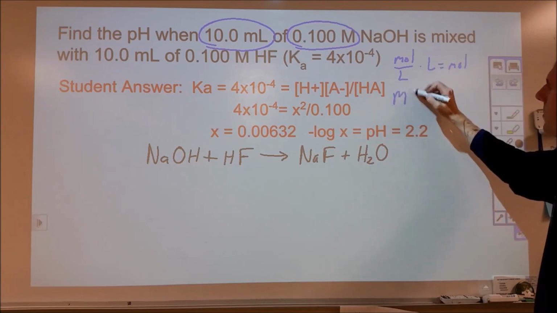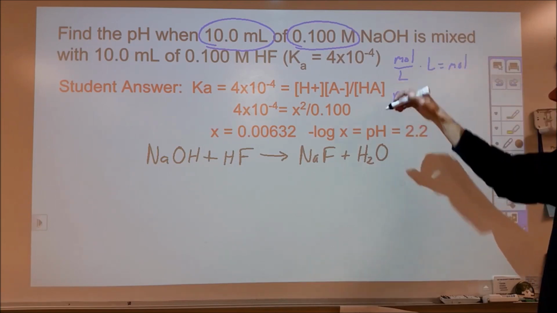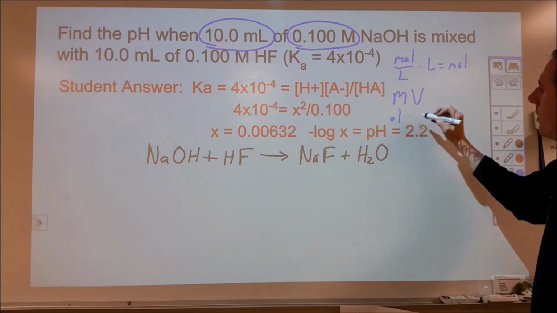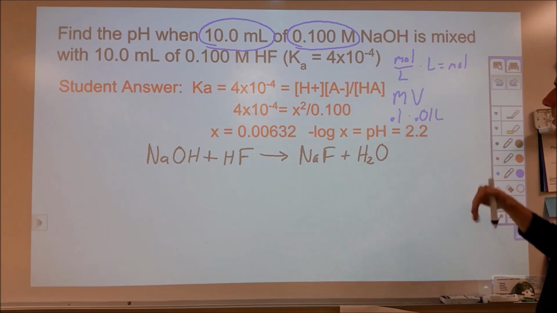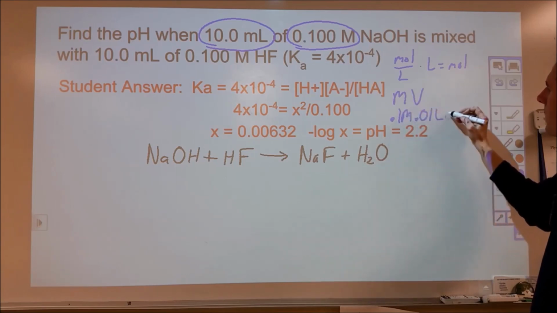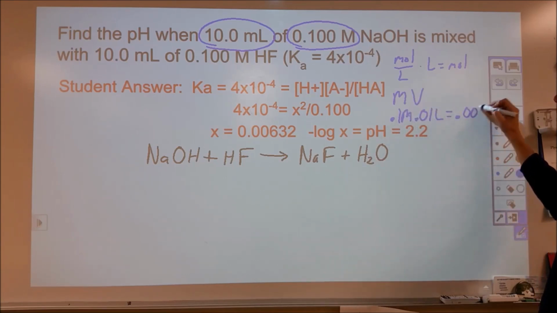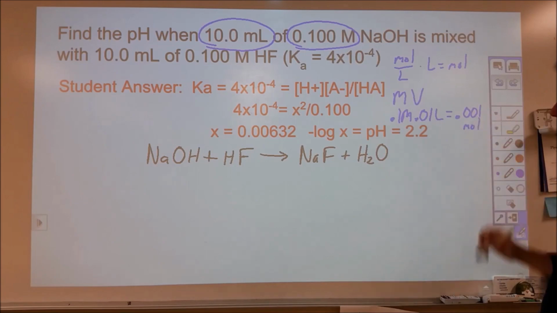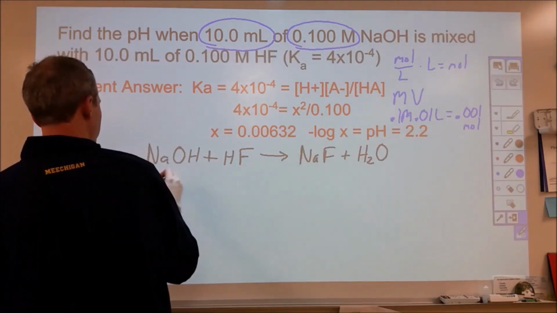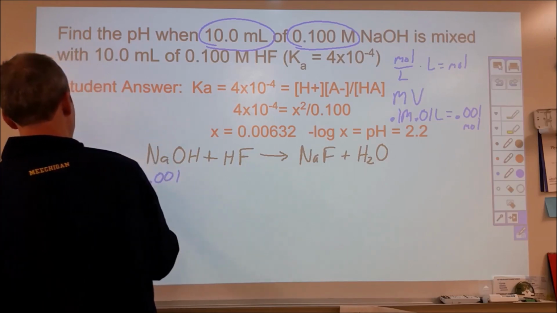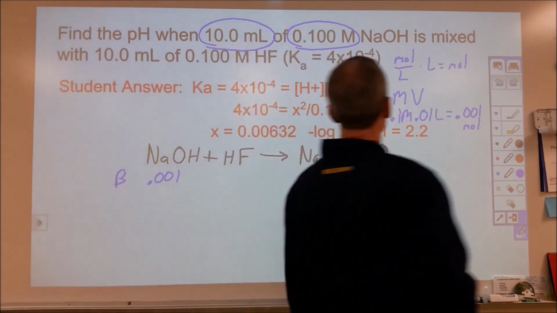We'll write this often as molarity times volume. In this case, I have 0.1 molar times 0.01 liters, because 10 milliliters is 0.01 liters. When I multiply those, I get 0.001 moles. So the number of moles of sodium hydroxide I have initially, before the reaction takes place, is 0.001.